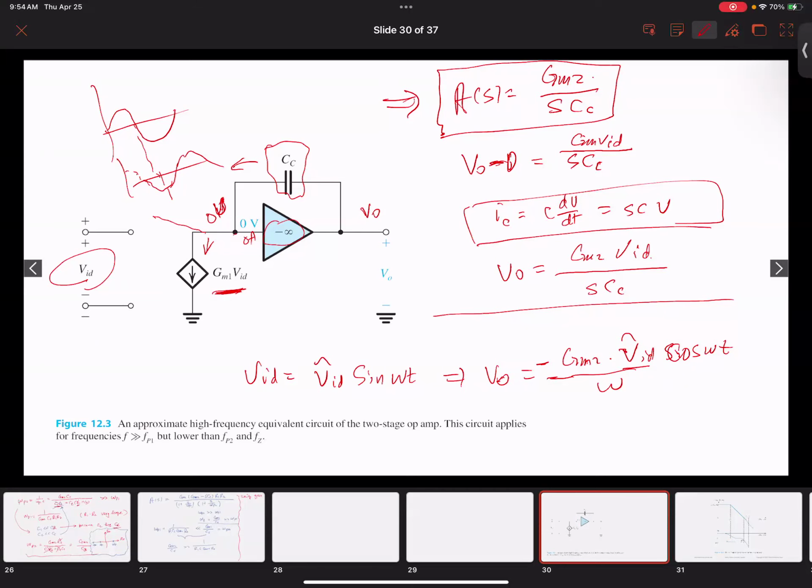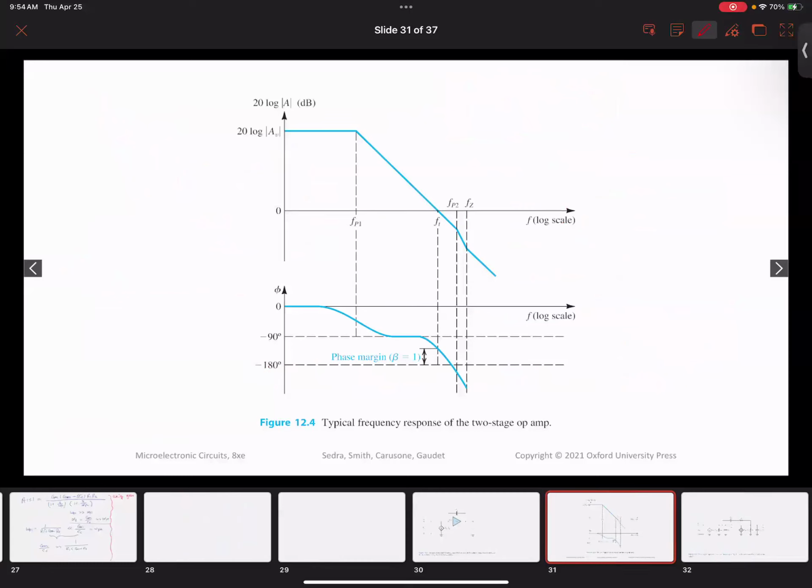So we already drew the equivalent Bode plot, and I already showed you that this is your midband gain. Midband gain, as we know, is equal to 20 log of GM1 times GM2 times R1 times R2.